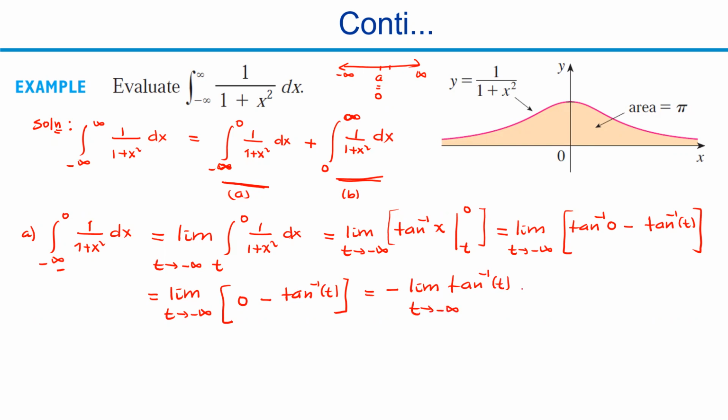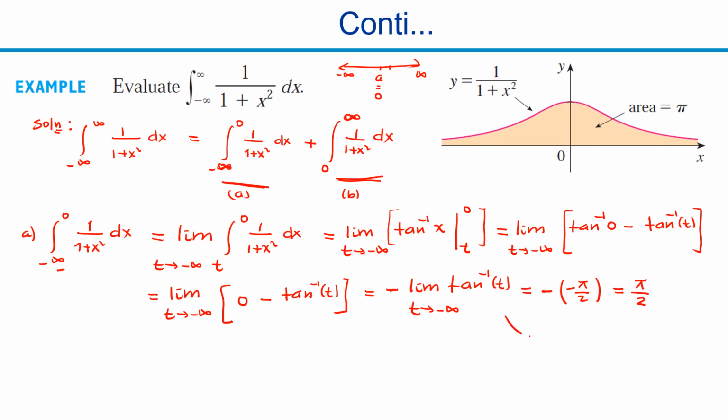So what is the limit of tan inverse of t? That is the point. The limit of tan inverse of t as t goes to minus infinity is minus pi over 2, which means minus of minus pi over 2 is pi over 2.